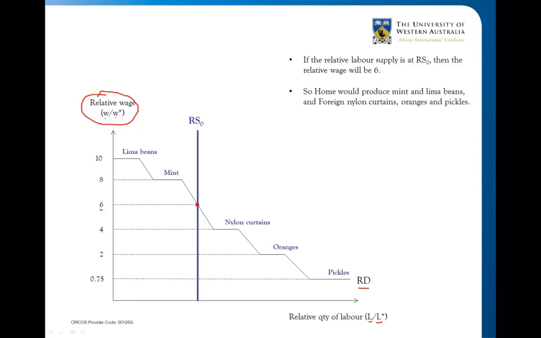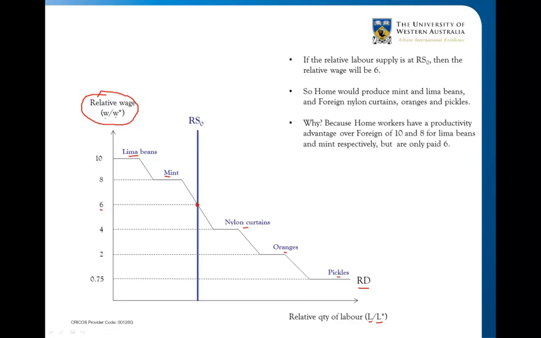Given this is exactly what we had in the previous one, the home country is going to produce the lima beans and the mint, and the foreign country is going to produce the nylon curtains, oranges, and pickles. So this is based on where the relative supply of labour is. Remember, we're talking here about labour demand and labour supply. We're not talking about the demand for the products themselves.